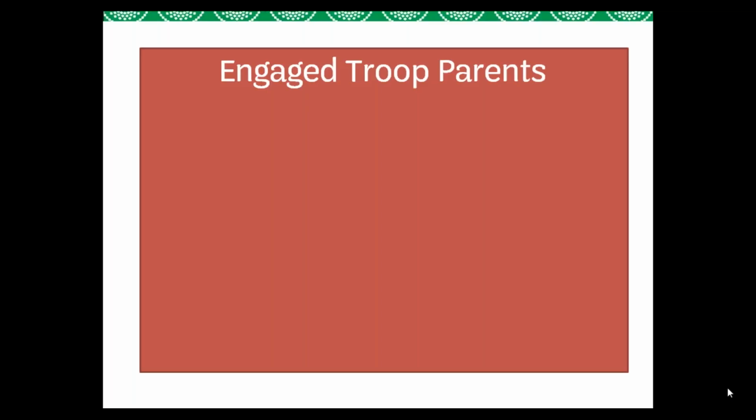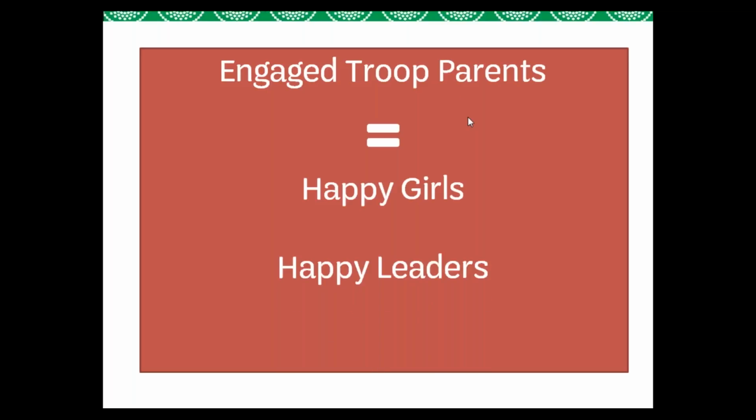What may work for some may not work for others. So it's up to you, the leadership of the troop, to figure that out through a lot of trial and error. Engaged troop parents is our goal. If we do that, we will have happy girls, happy leaders, and also happy parents.